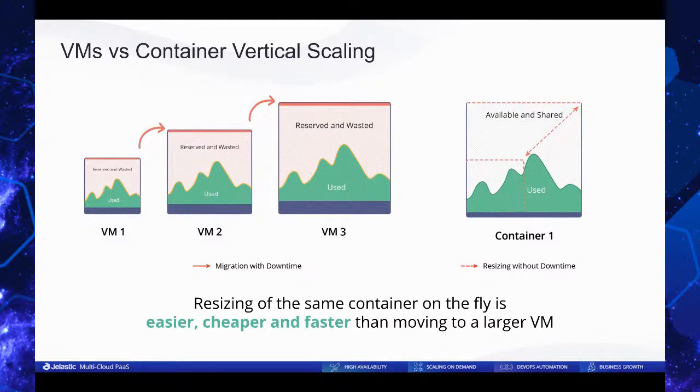Another problem is that you have to do the migration manually. There is no easy way to automatically migrate from the old machine to a new one. With Jelastic, this problem does not exist at all. We bring resources to the same container, so you can easily scale up and down without any problems. No need to migrate your applications.